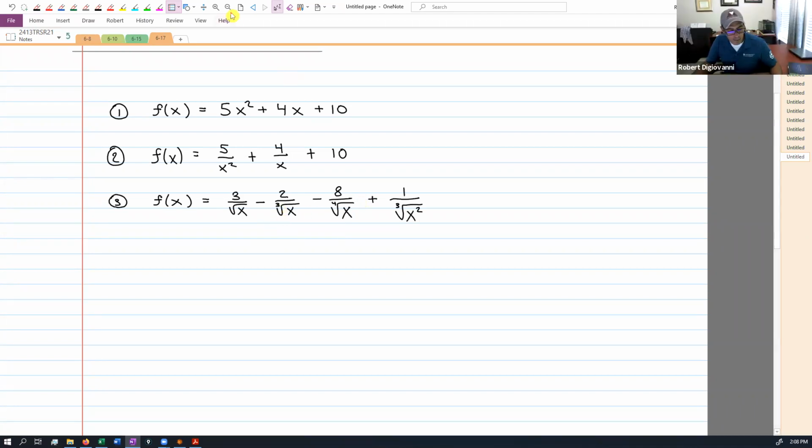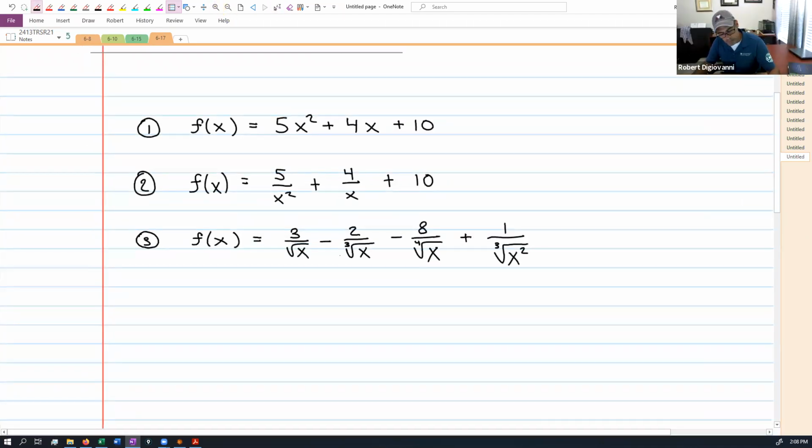That's a 3. Yeah, I'll make this a little bigger. Thank you. Yep. This is cube root, 4th root, cube root again.